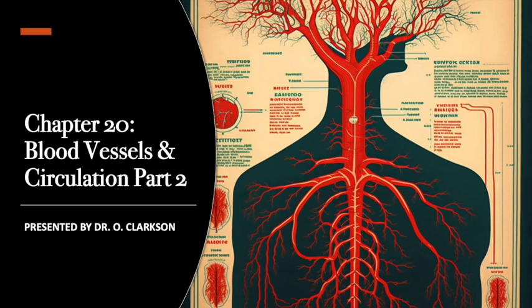Cool. Let's talk about the neurological components of regulating blood flow and blood pressure. So the medulla oblongata is going to be heavily implicated in sympathetic control. And so what the medulla oblongata helps is regulating blood pressure as well as vasoconstriction versus vasodilation.